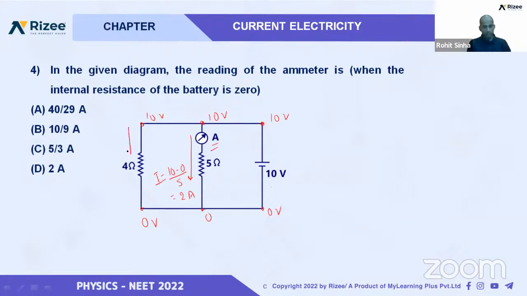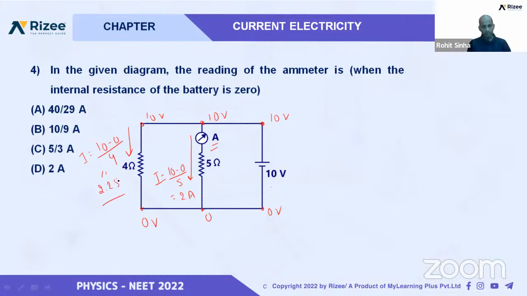And if current is asked through this branch, we will say I is equal to 10 volt minus 0 volt, divided by resistance, which is 4. What will we get here? I think it will be 2.25.